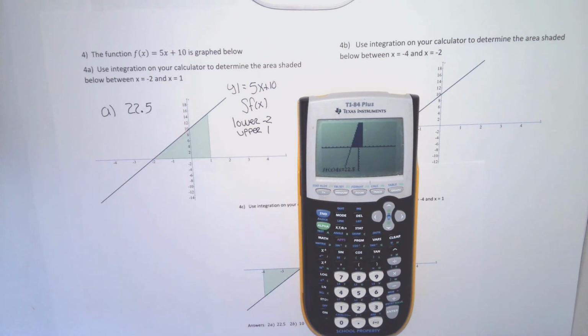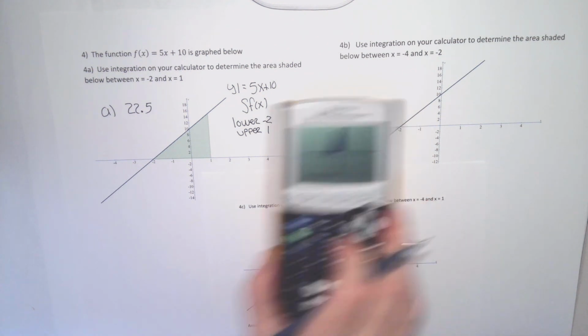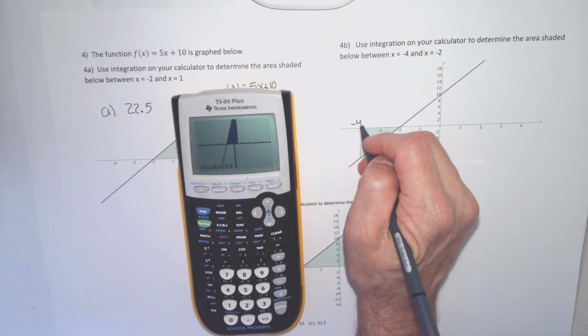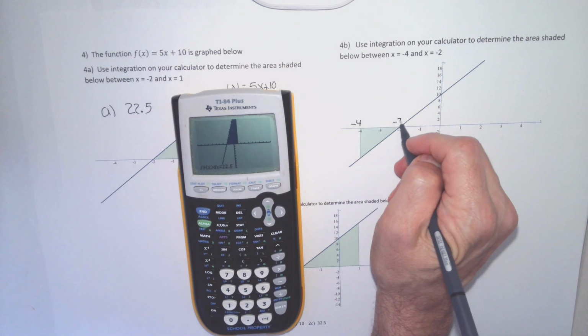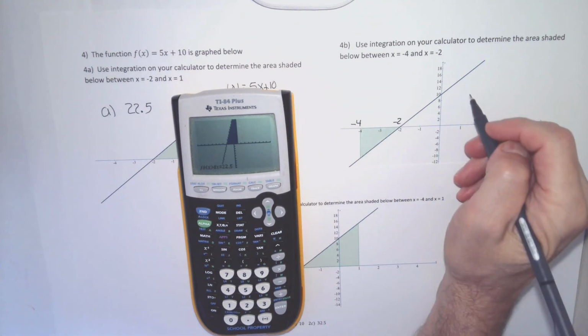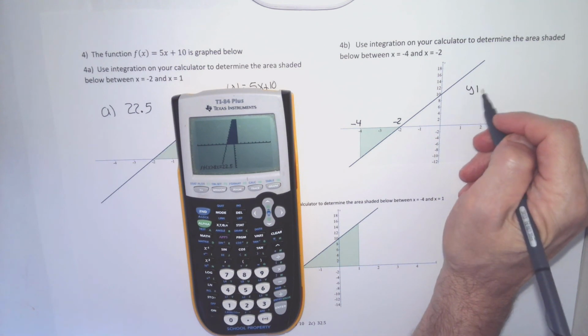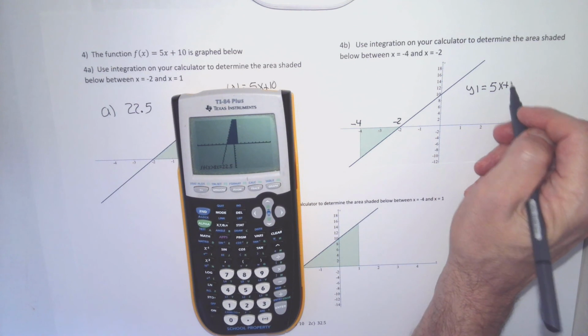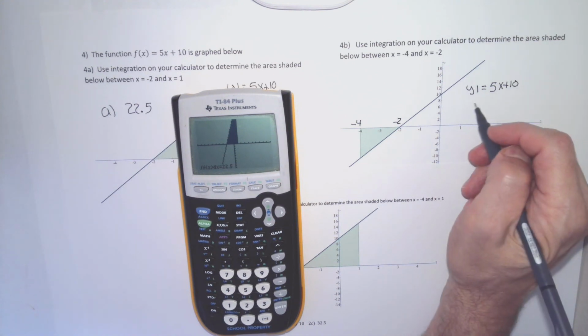I could have probably calculated the area with just a triangle formula, but it wasn't necessary. For part B, the triangle that's pictured has the same 5x plus 10, but the region goes from -4 to -2. So again, I'm going to have the same function in y1. This is the same graph of y equals 5x plus 10, or f of x equals 5x plus 10.